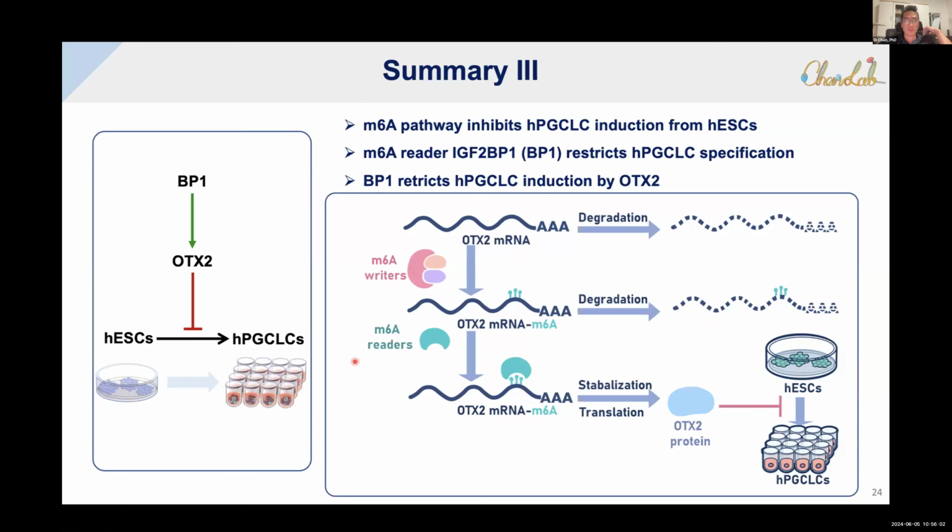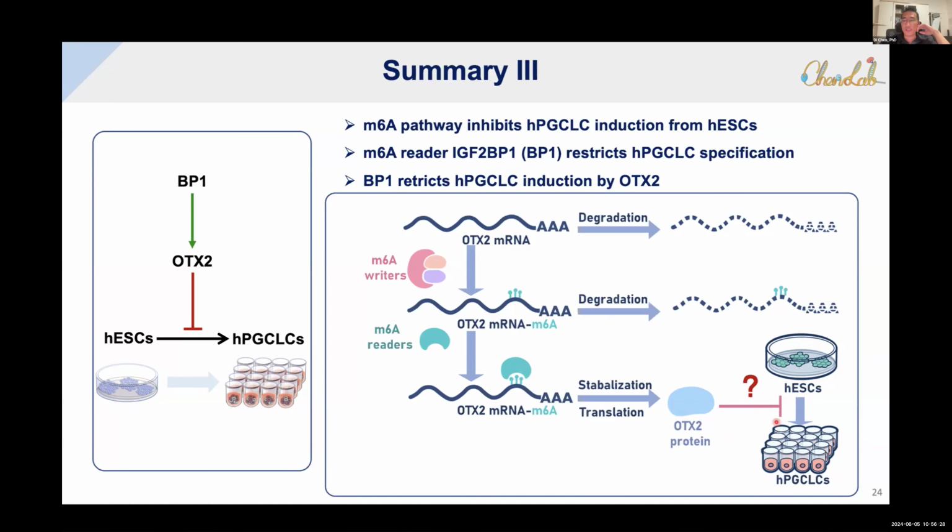But if there are M6A readers, and in our case, it's BP1, this reader binds the RNA to stabilize the OTS2 mRNA and promote the translation of the OTS2 protein, and the OTS2 protein in turn will suppress the induction of the PGCLCs from the embryonic stem cells.